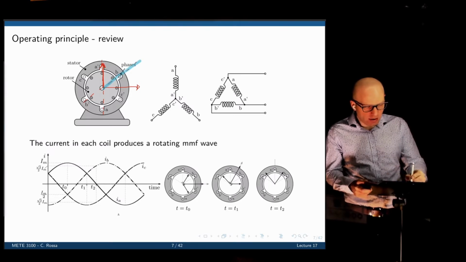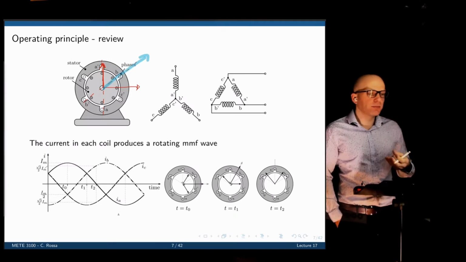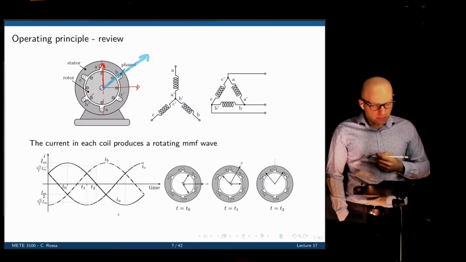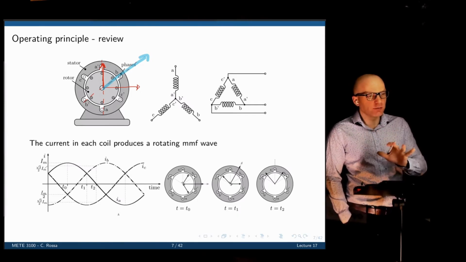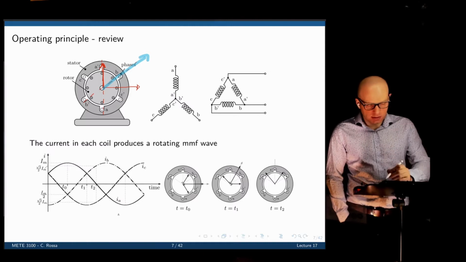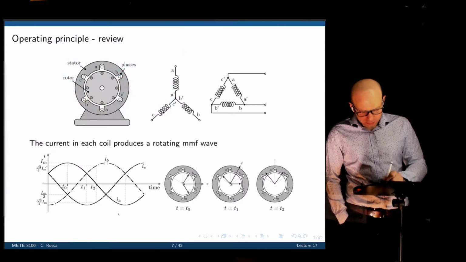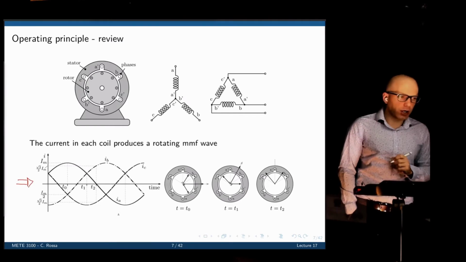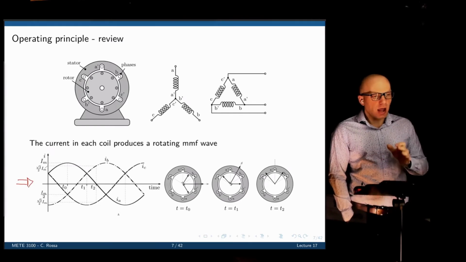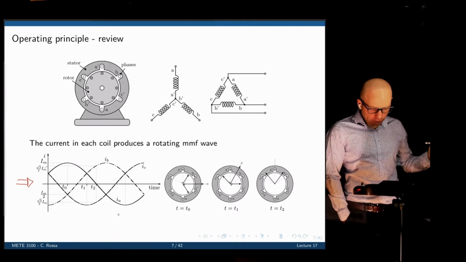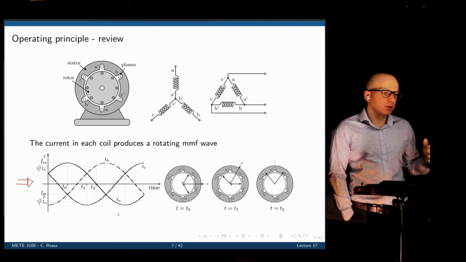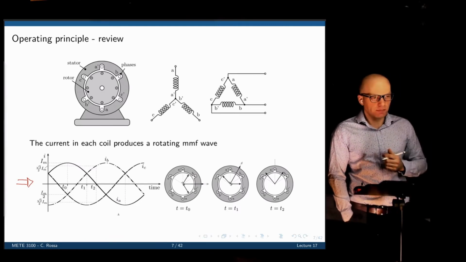We can now add them up, and this would be the resultant magnetic field vector B for that specific combination of phase A and phase B intensities. We take these intensities from this graph, which shows the current applied to each of the coils, and you can see that they are shifted in time by the same amount, in this case 120 degrees.